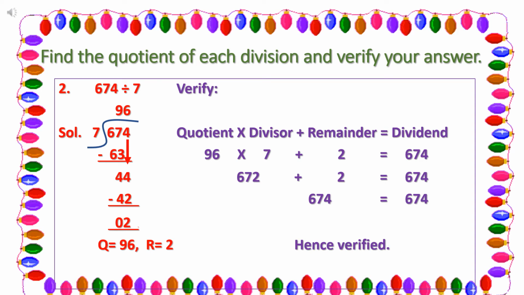We cannot divide 6 by 7. So we will regroup and consider 6 hundreds and 7 tens as 67 tens. 67 को एक साथ लेके फिर हम 7 से डिवाइड करेंगे.